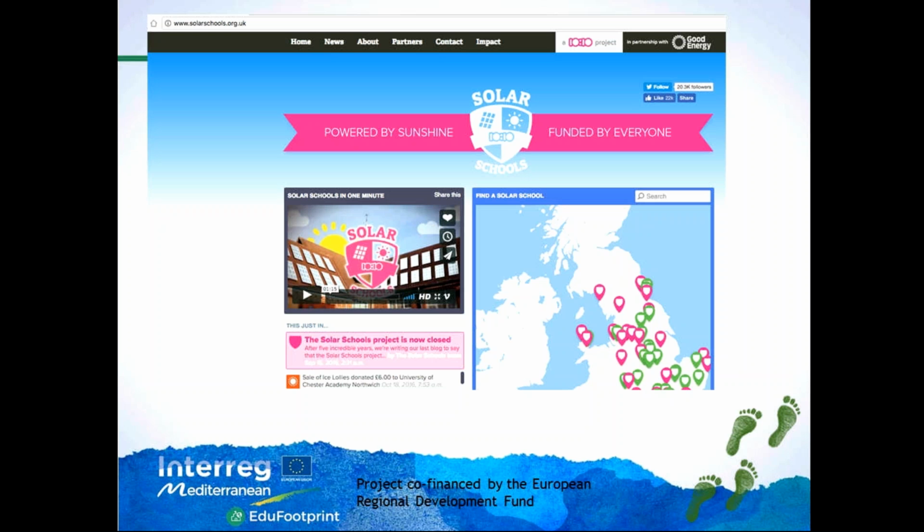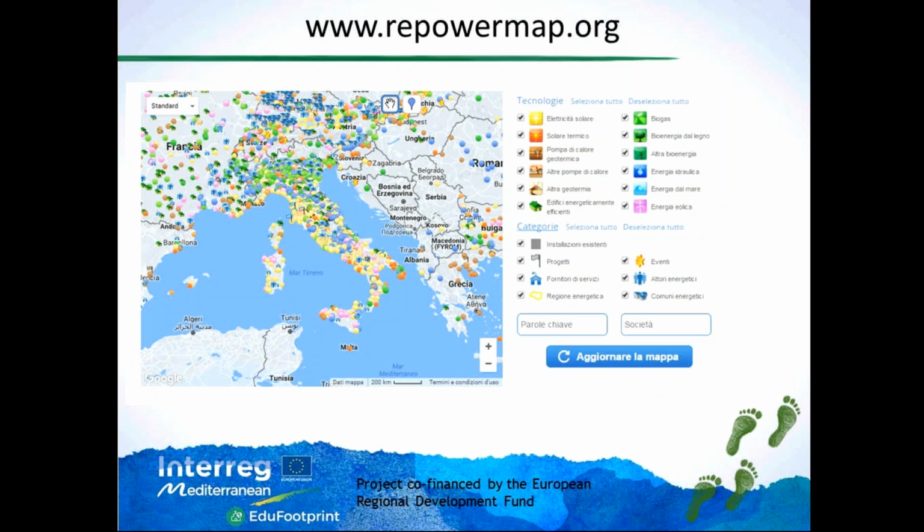And they really used a lot of different schemes: a power purchase agreement using a third-party investor who then sells the electricity to the school, and even crowdfunding done within the families of the students. So it's very interesting to see how they used these several solutions to implement the plants.